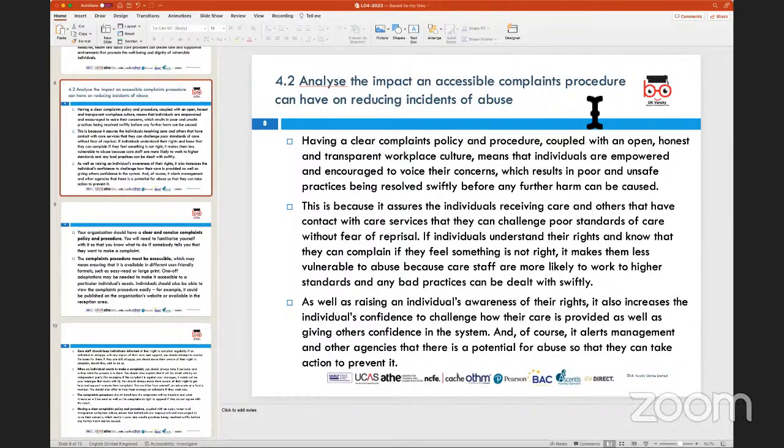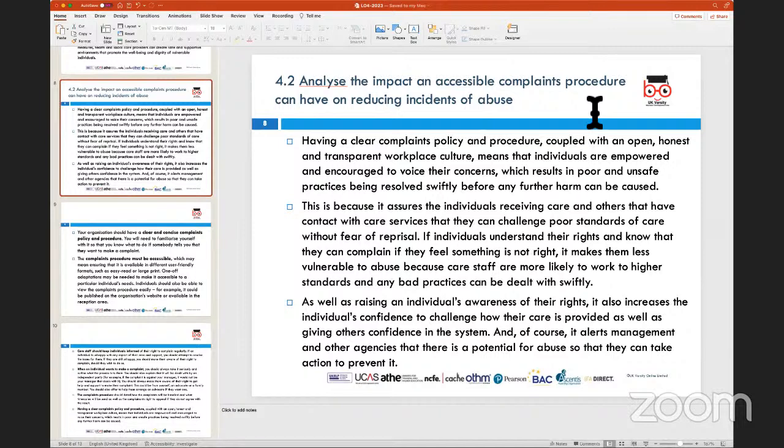It is literally outside the remit of this unit, but a complaints policy is put into place to allow a structured and transparent process for individuals who are buying products and services from the company to be able to raise concerns.